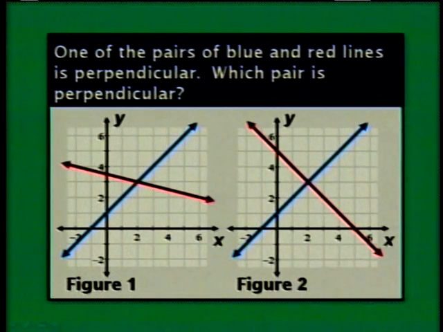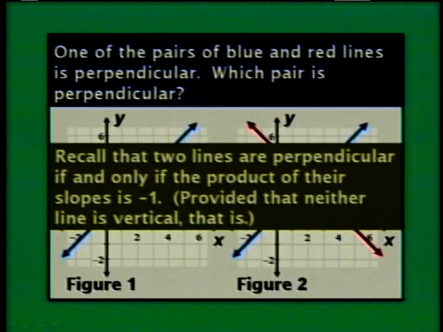Since without the axis system, the pair on the right was the pair of perpendicular lines, let's check if that's still true when we have an equal scale on the x and y axis. Let's recall that two lines are perpendicular if and only if the product of their slopes is -1, remembering that this is provided that neither line is vertical.